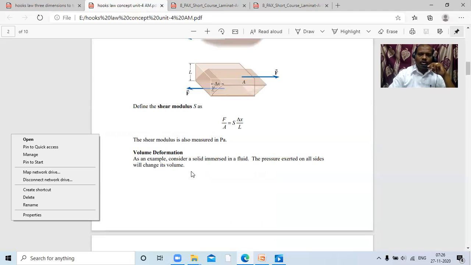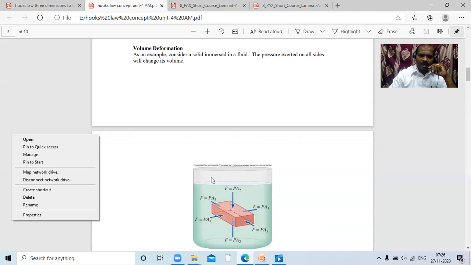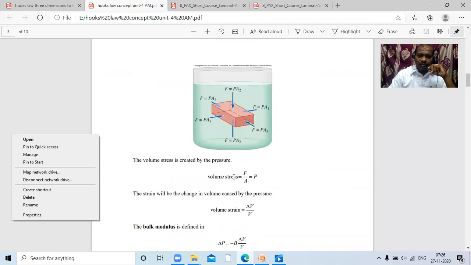That means a material is dipped in a fluid, and the fluid tries to exert pressure on that specimen or object. Here the pink color object is the one dipped, and the blue color is the fluid we have considered.